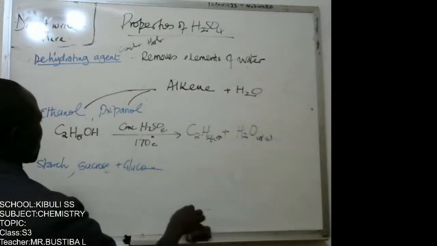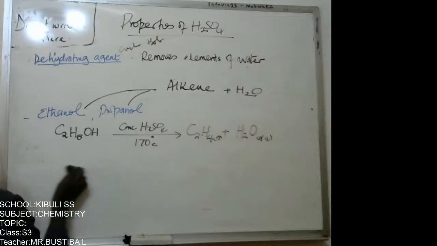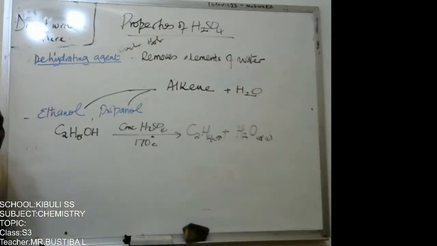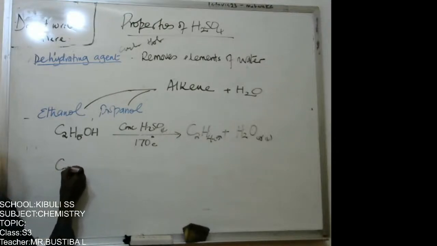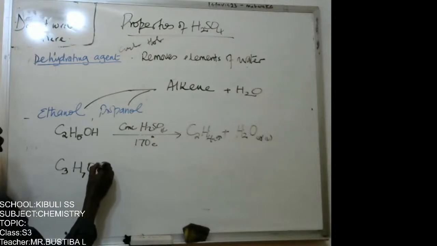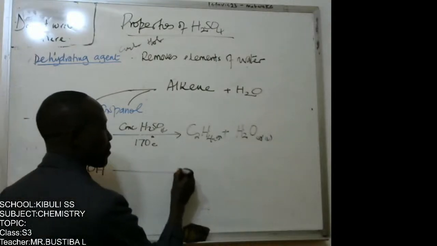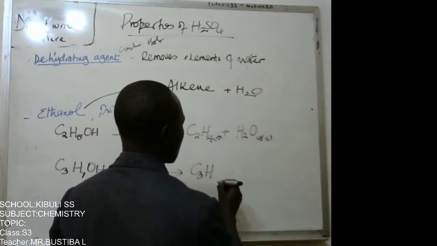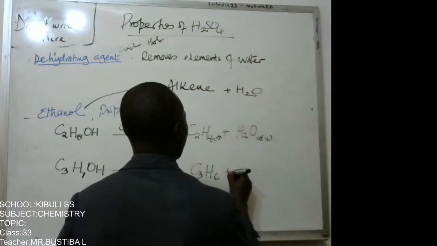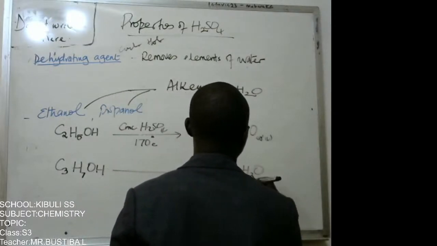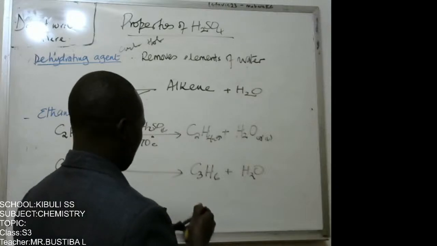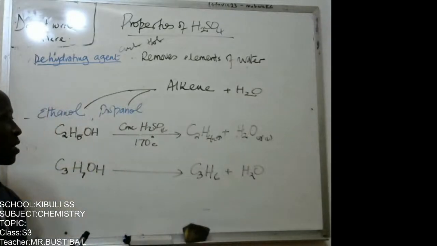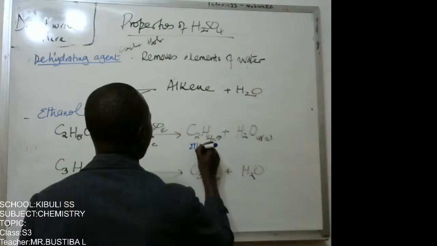If it is propanol, prop means 3. Therefore, the formula is going to be C3H7OH. Same conditions, we shall get C3H6. What has been removed? Elements of water. The first compound is called ethene.